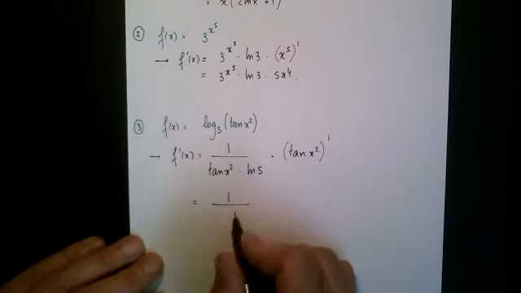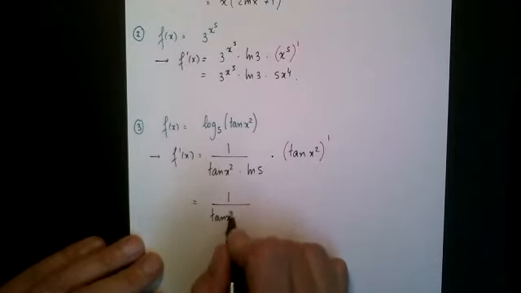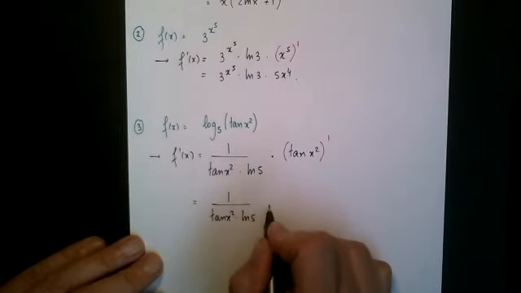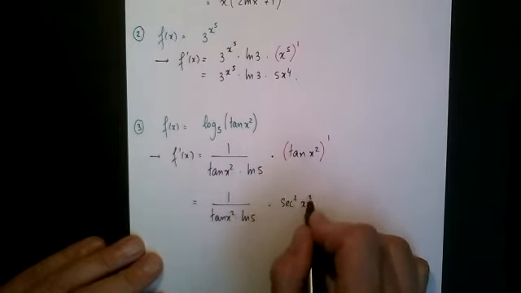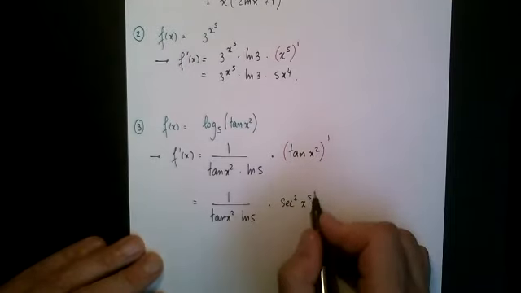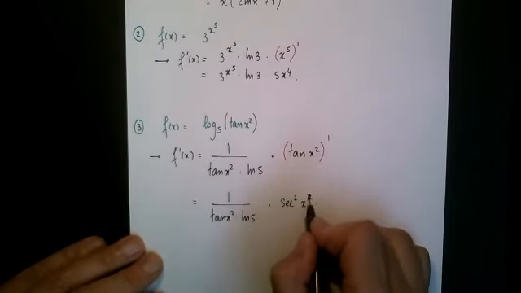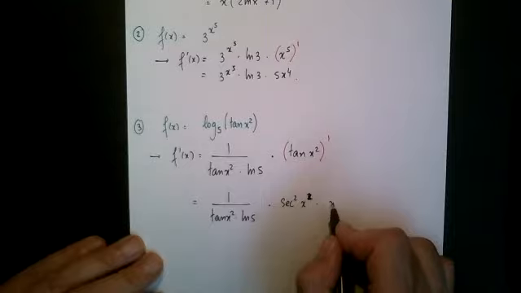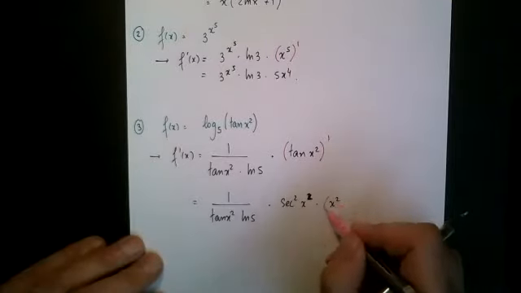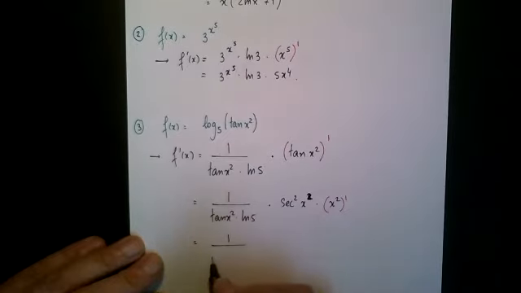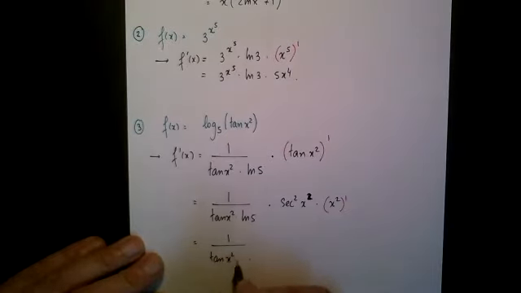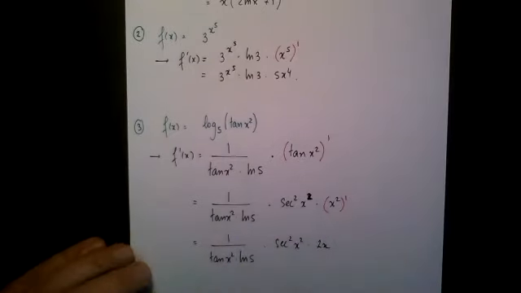So it's 1 over tangent x2 times ln 5, times the derivative of tangent, which is secant squared of x2, times the derivative of x2. And so 1 over 10x2 ln 5 secant squared x2 times 2x, and that's my answer.